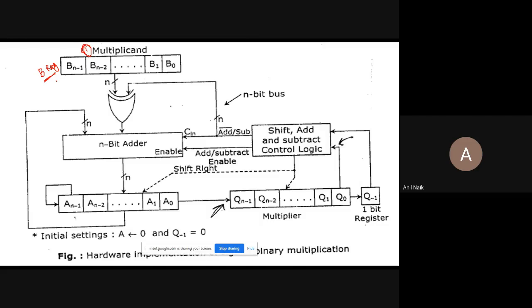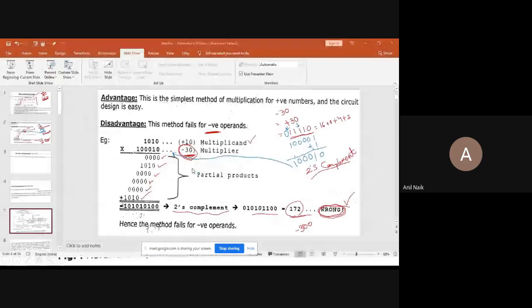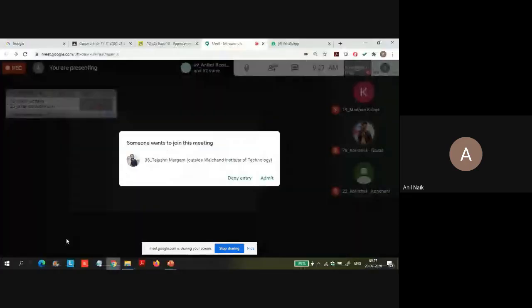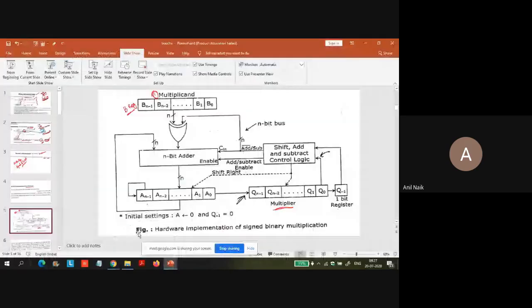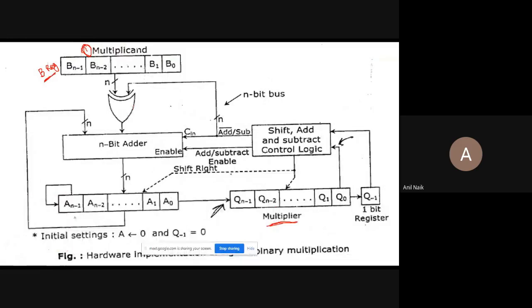You require one more number, that is the multiplier. To perform the multiplication, you require two numbers: one is the multiplicand and another is the multiplier. The multiplier goes in the Q register.